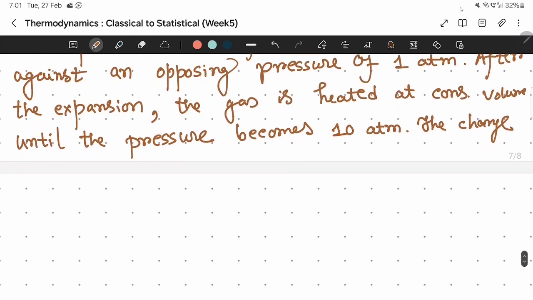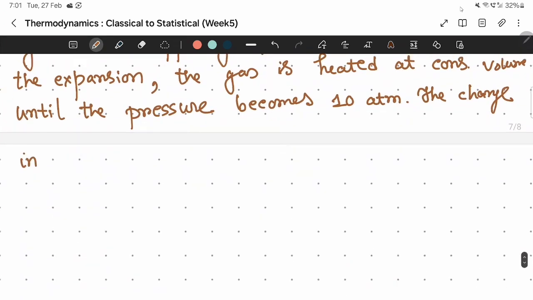The change in internal energy in joule will be?